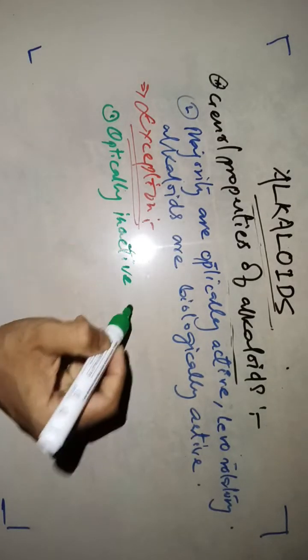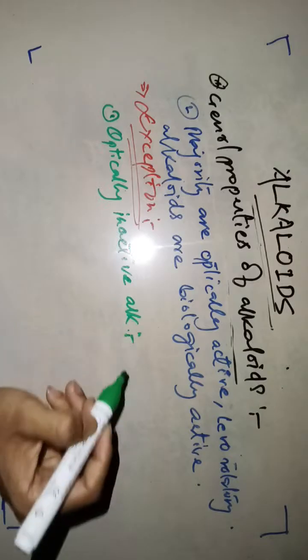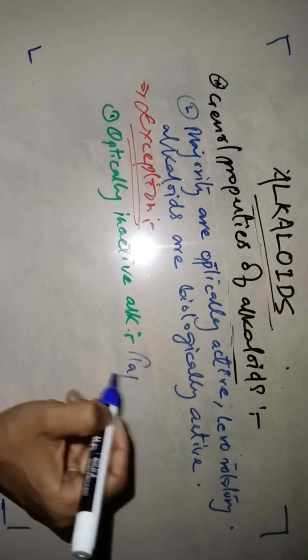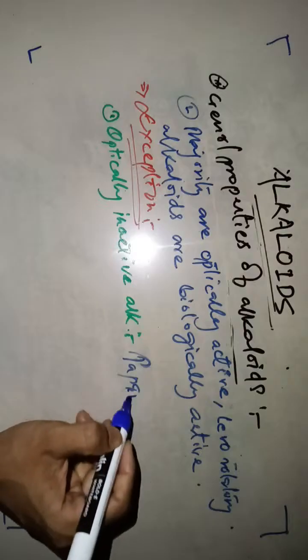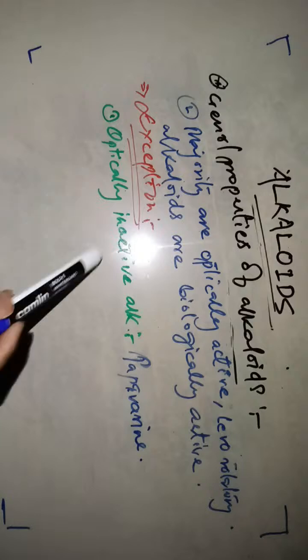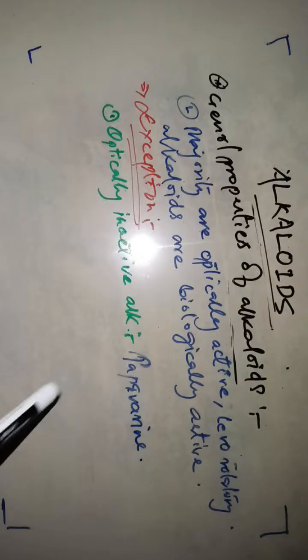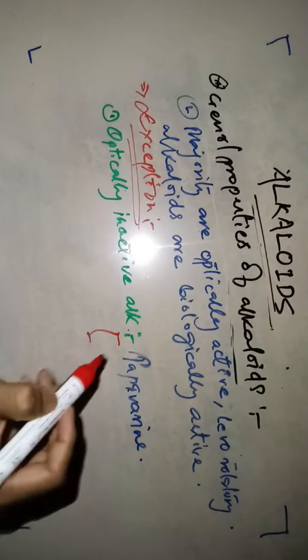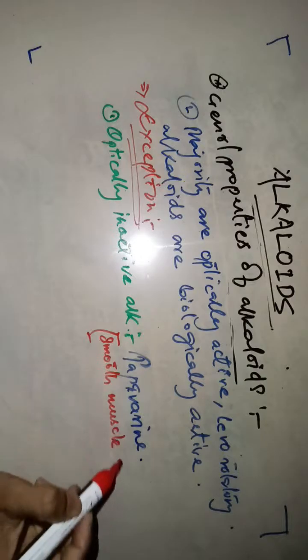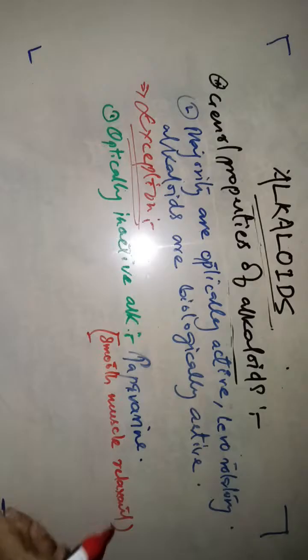Optically inactive alkaloid, example is piperine, which is biologically active and it is a smooth muscle relaxant.